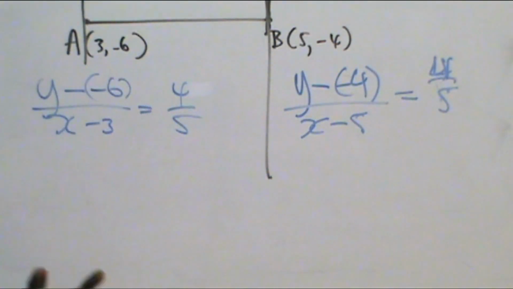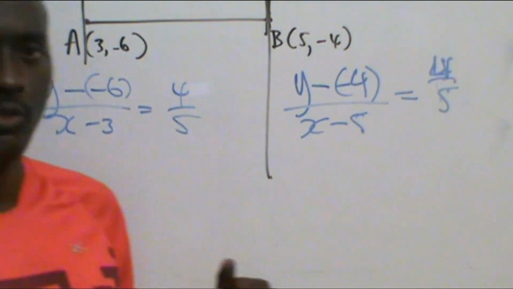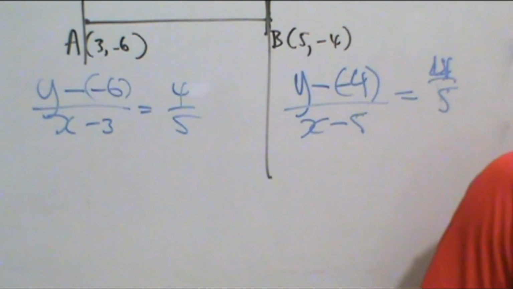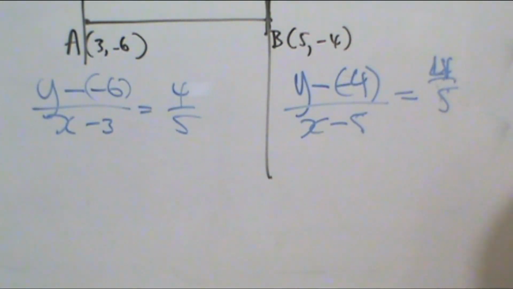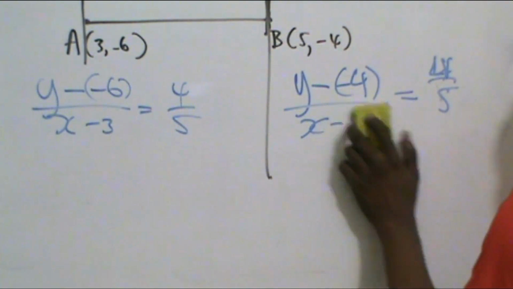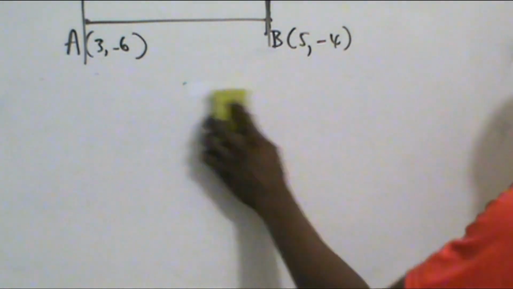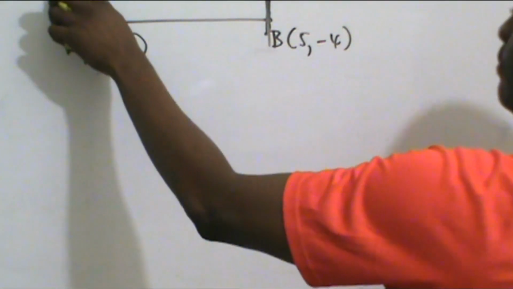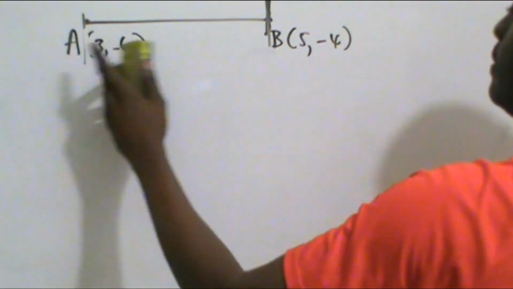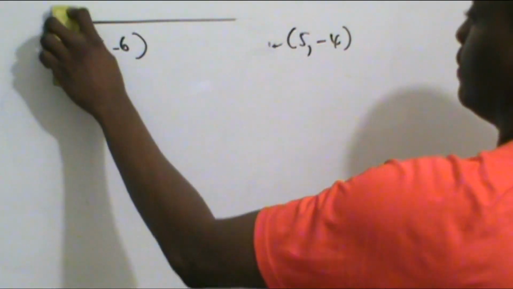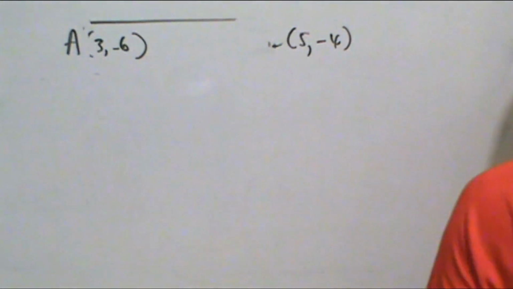So in this case, it tells us that the line passes through the point 2, 1. What that means is that it passes through the point 2, 1 and is perpendicular to AB. So for the sake of argument, we will just draw this over to drive home the point.